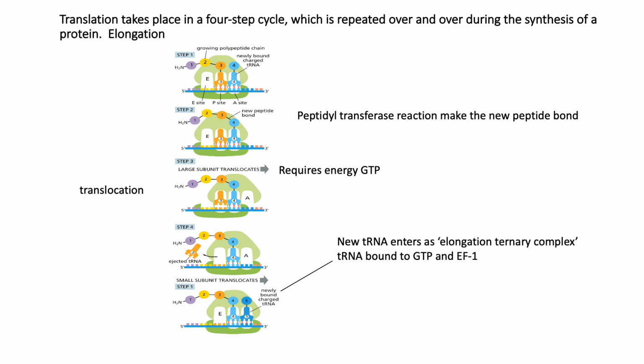The EF1 is a factor that participates in allowing the transfer RNA to enter that site. It doesn't happen by diffusion. If it happened by diffusion, it would never work. So there's receptors that bind to the EF1 and position it so that the transfer RNA can come in.